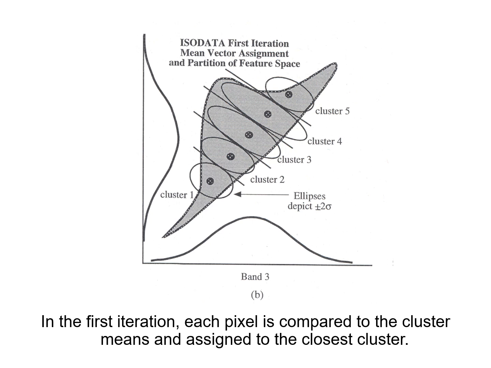So in the first step, we're going to look at all the pixels within the image, and we're going to ask the question, which cluster mean position is it closest to? Okay, we're going to assign every pixel that's closest to a particular mean position to the cluster that has that mean position.